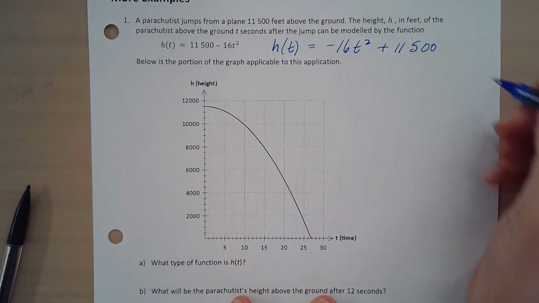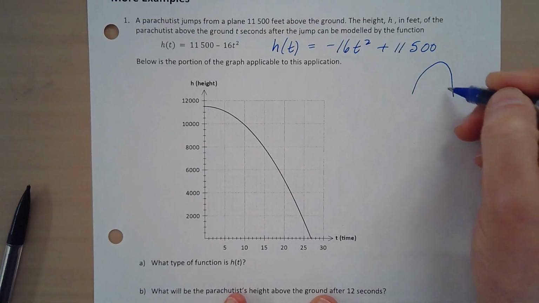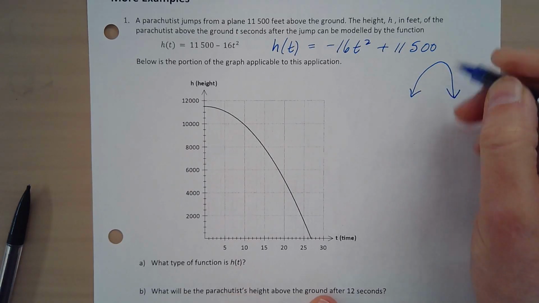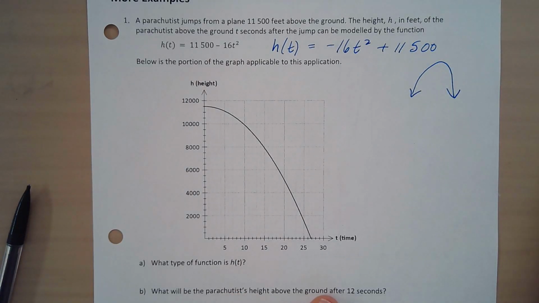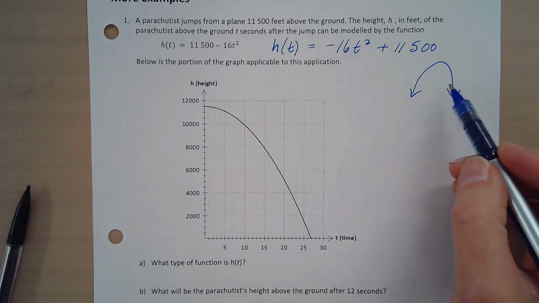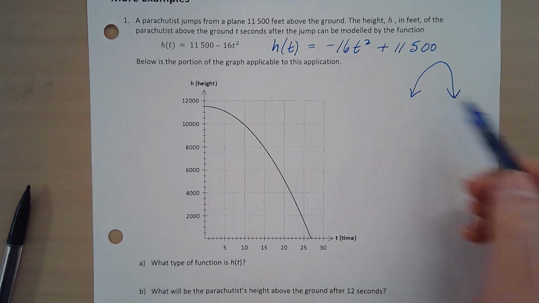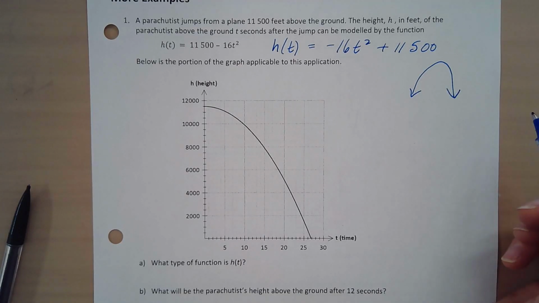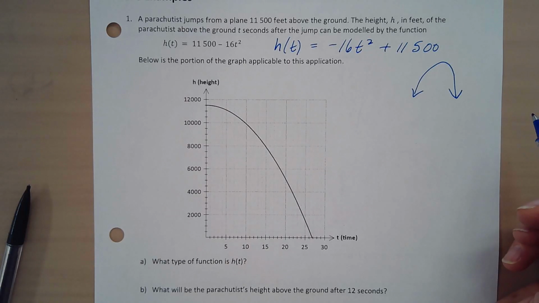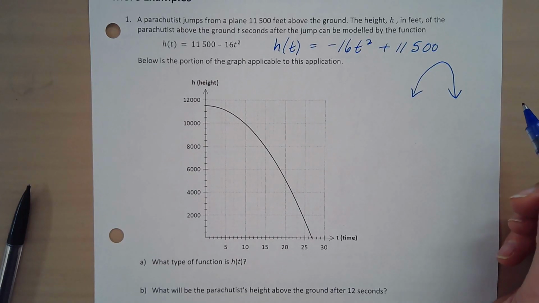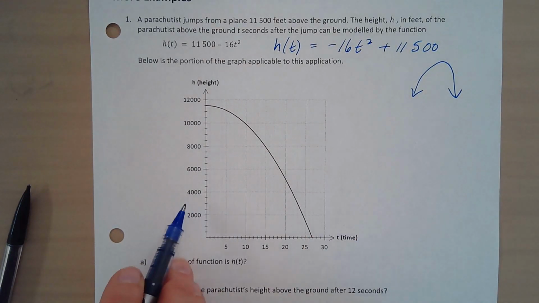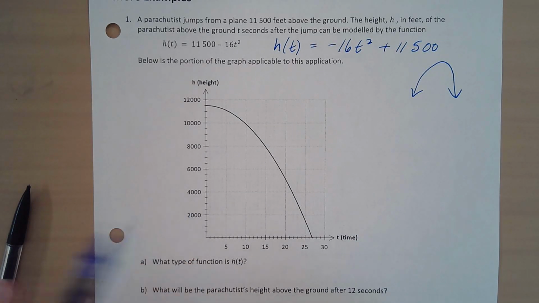What does a negative quadratic look like? This, correct? So if this was a previous lesson, or if I asked you to graph this, you would graph this, correct? But now we're doing applicable word problems. Can you see why this graph has been cut off, right? Is it cut off at the axis of symmetry?